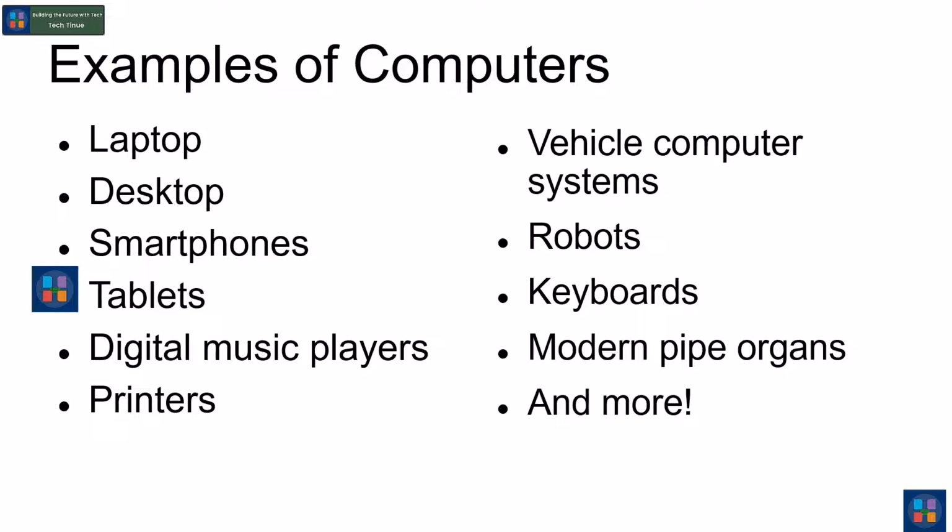Robots. Robots are essentially computers that have been given other things. So you might think of a robot arm that can be programmed to maybe line up a whole bunch of stuff inside of a box. Like modern day factories will use robots to, let's say, stack cans of soda or something like that into a box that it will then seal up with plastic and then use as a sort of bulk storage and carrying thing.